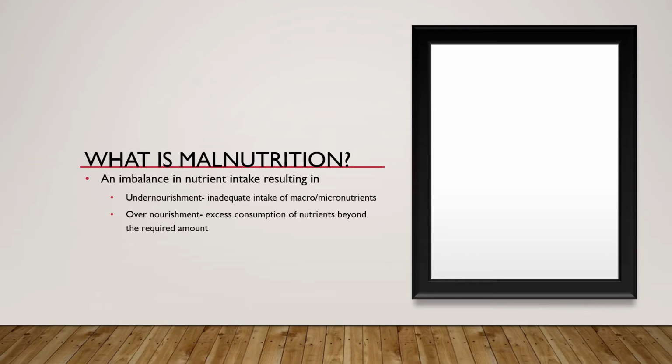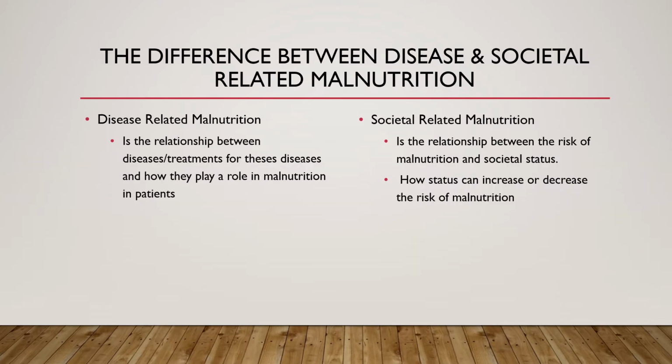In the case of overnourishment, the individual is consuming an excess amount of these nutrients, which results in the body having too much of it, and it requires that the body find ways to store it or excrete it.